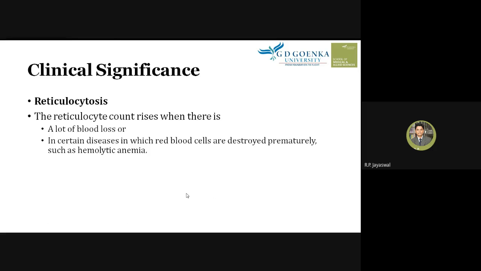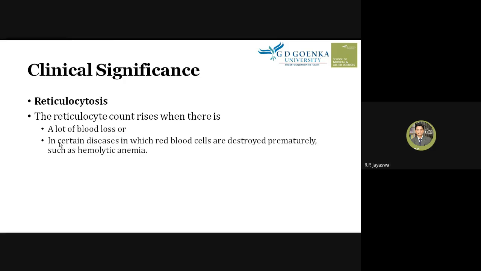It means the reticulocyte count rises when there is a lot of blood loss. Blood loss usually occurs during accidents, maybe during surgery or operation, so a lot of blood can be lost.